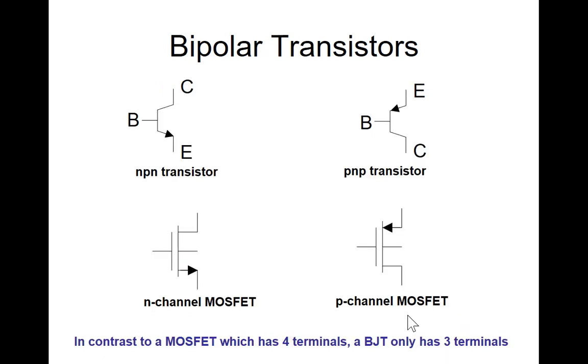If you look at the MOS transistor, the MOS transistor really has 4 terminals: a drain, a gate, a source, and a bulk. In contrast, the bipolar transistor has 3 terminals.